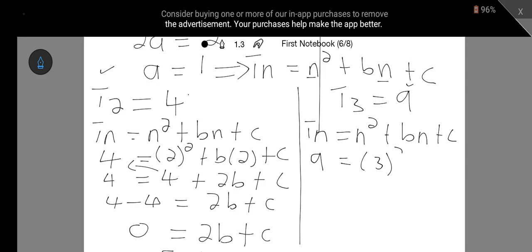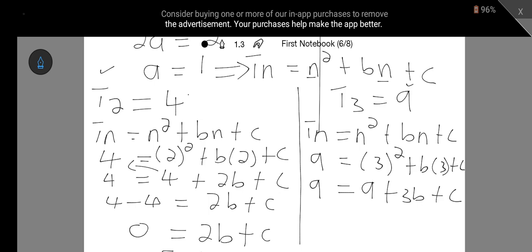I'm going to take 3 squared plus B times 3 plus C. Then 9 is equal to, what is 3 squared? 3 squared is 9, plus B times 3 is 3B, plus C.